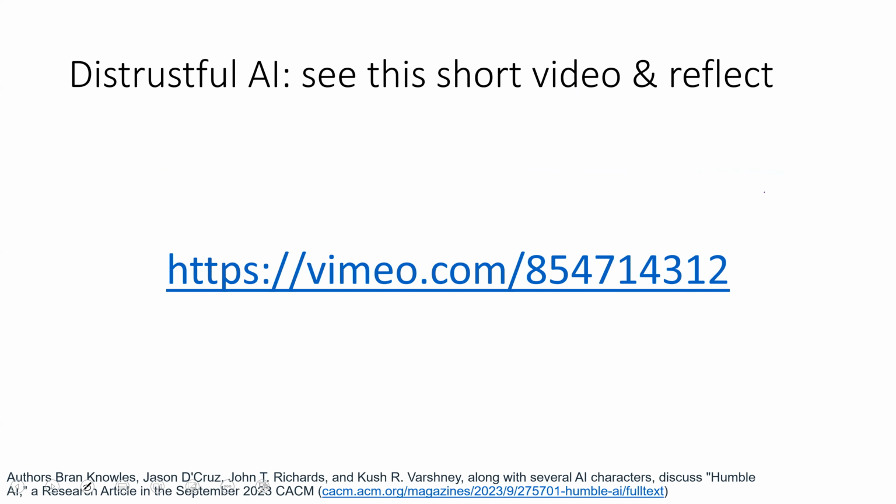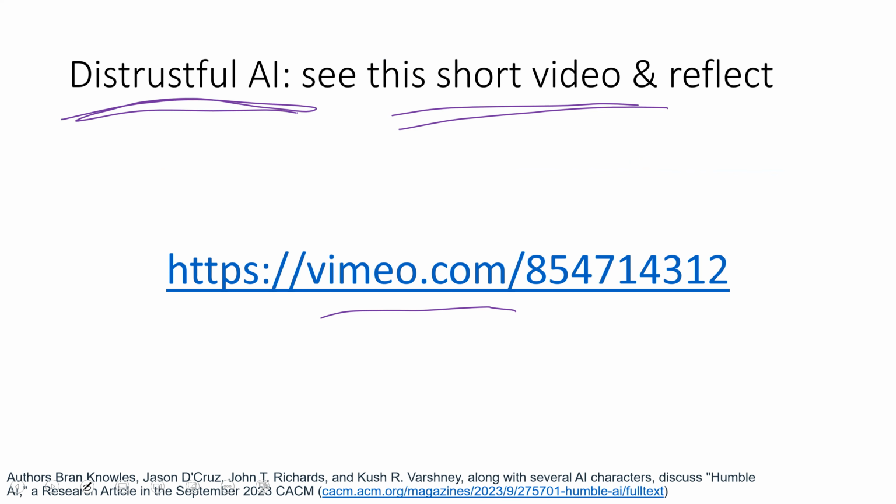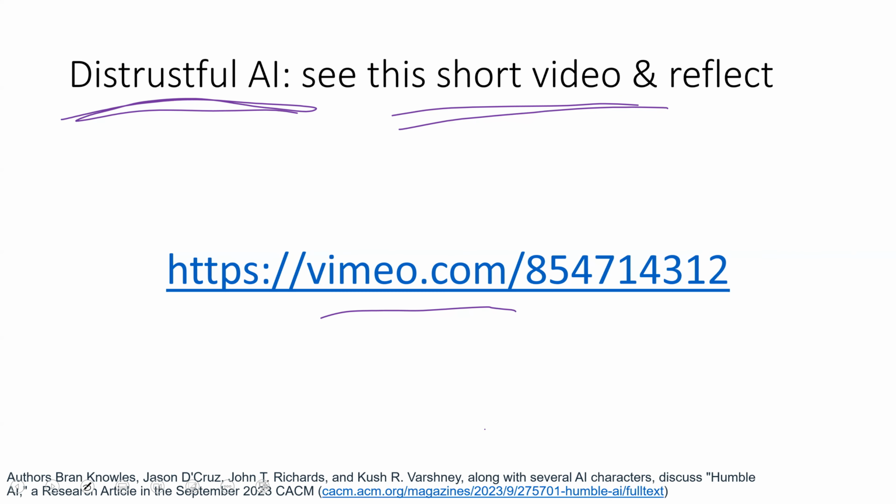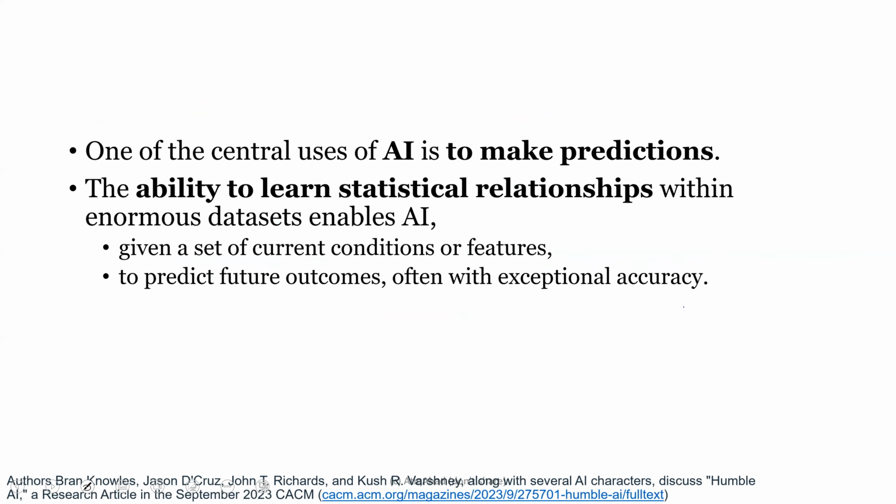I strongly recommend you see this short video, vimeo.com/8547143112, and it is about distrustful AI. And if you look at this article from ACM magazine, you'll find they mention those points. I am not reading these, you can have a look, because if you watch this video, you can basically get these points, and this is very important to understand.